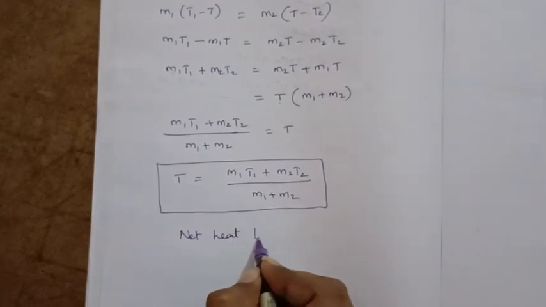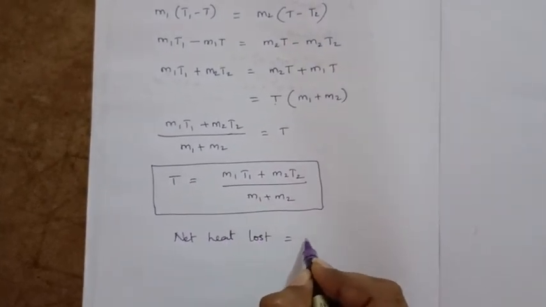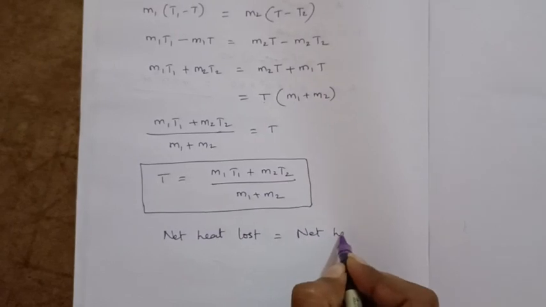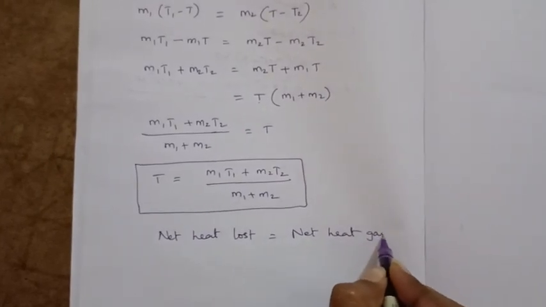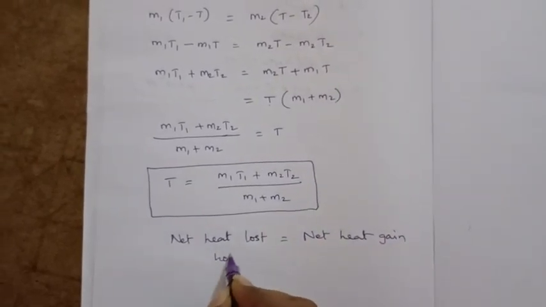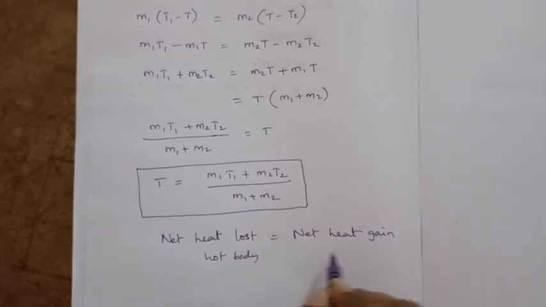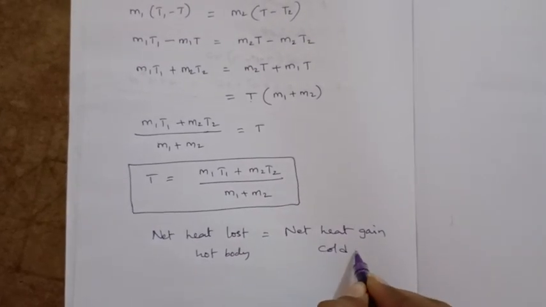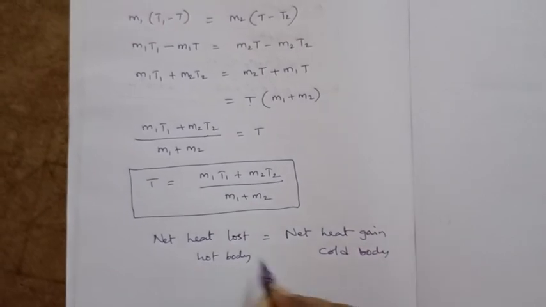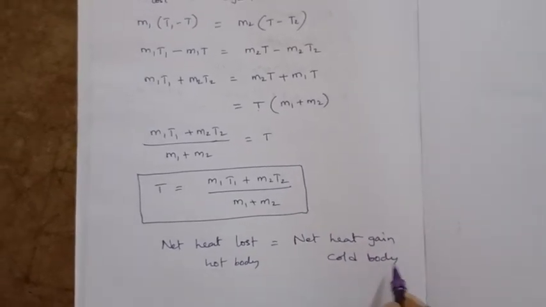Net heat lost equal to net heat gain. Who is losing? The hot body. Who is gaining? The cold body.